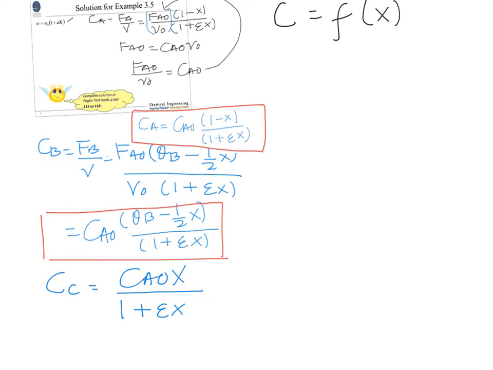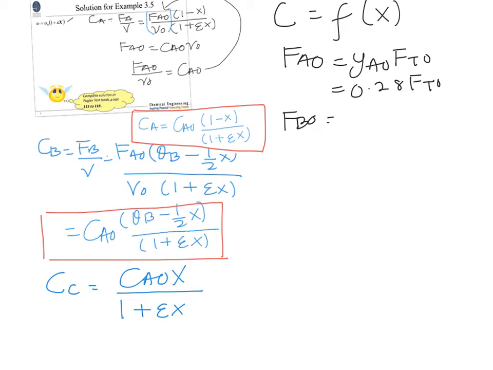You have FA0 equals YA0 times FT0, which is 0.28 FT0, and your FB0 equals YB0 times FT0, which is 0.72 times 0.21 FT0.